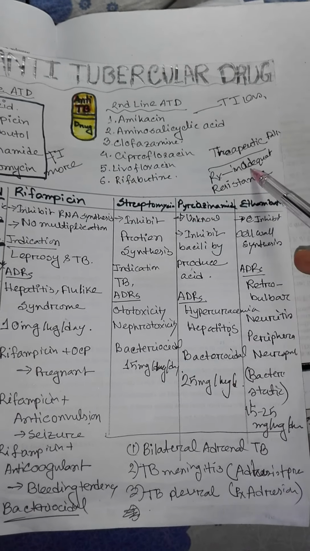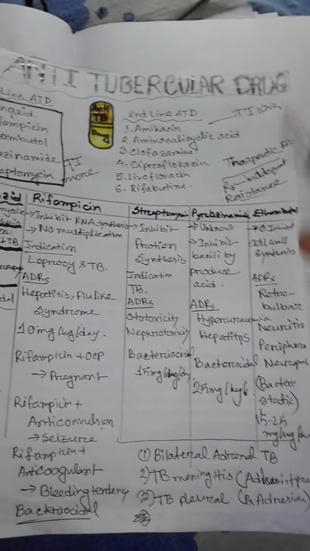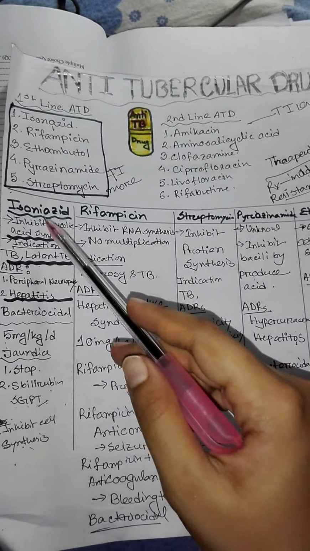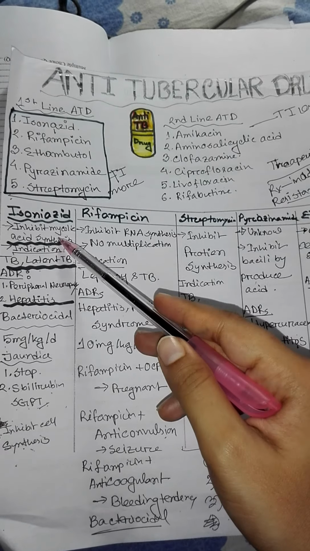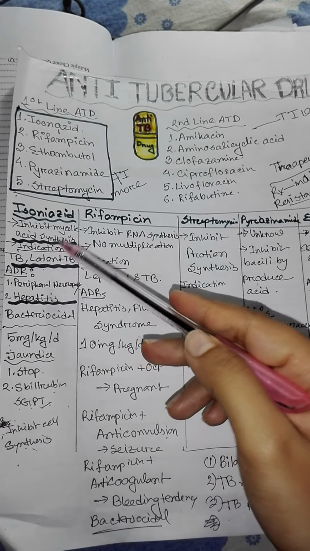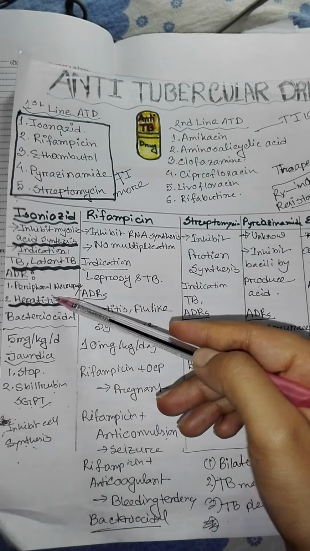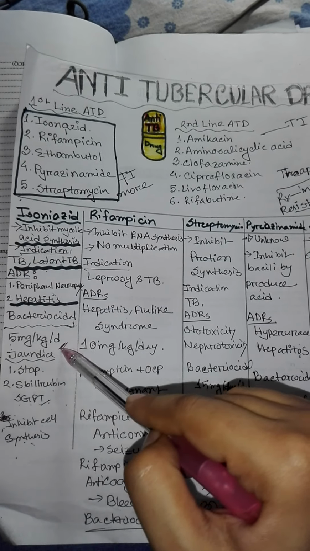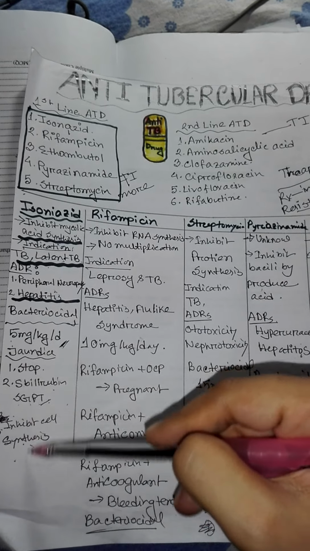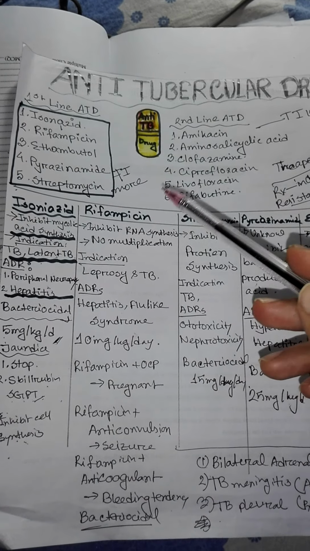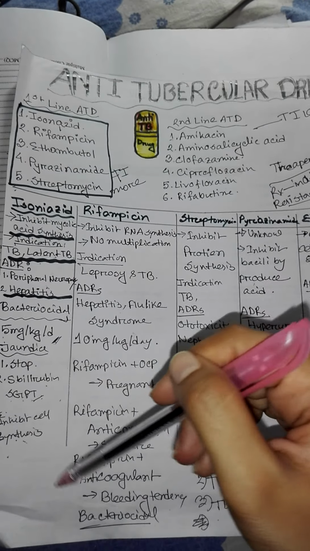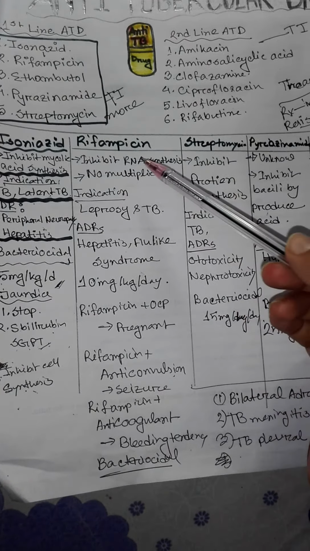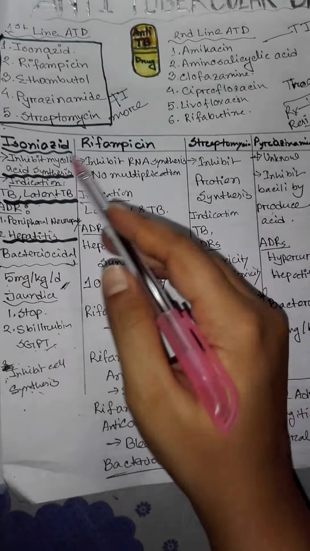Because treatment is inadequate and resistance occurs. Then for isoniazid, rifampicin, streptomycin, I tell you the mechanism of action first, then indication, then adverse drug reactions, mode of action on the bacteria, then adult dose, then any complication.